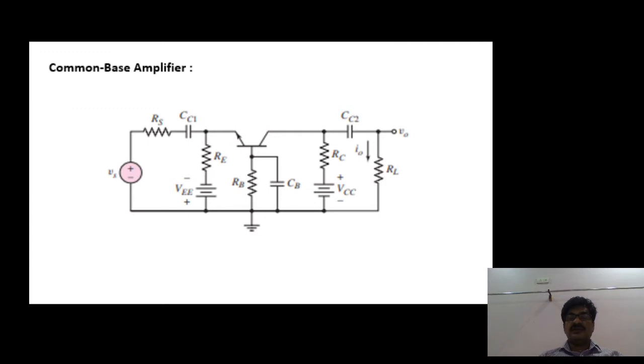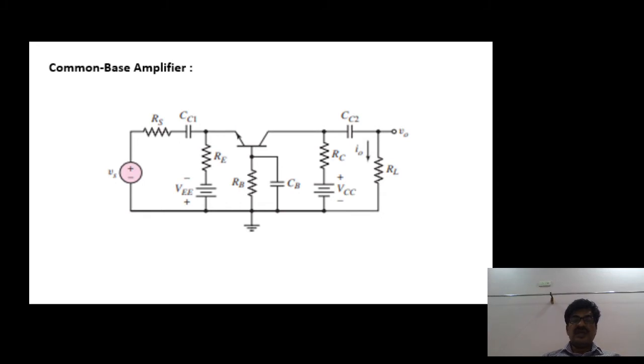And CC1 and CC2 are the coupling capacitors at input and output. The purpose of coupling capacitor is to block the DC and to allow the AC signal to the input of the transistor, right? This is simply the description of the CB amplifier.